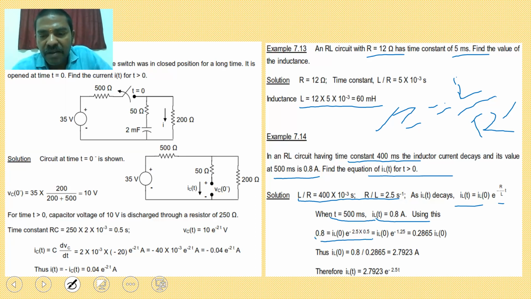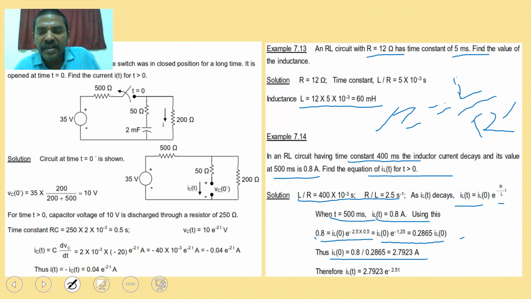So from this you are getting finally 0.2865 IL of 0. After taking the e power minus 1.25 value, that is 0.2865, and the LHS value is 0.8.